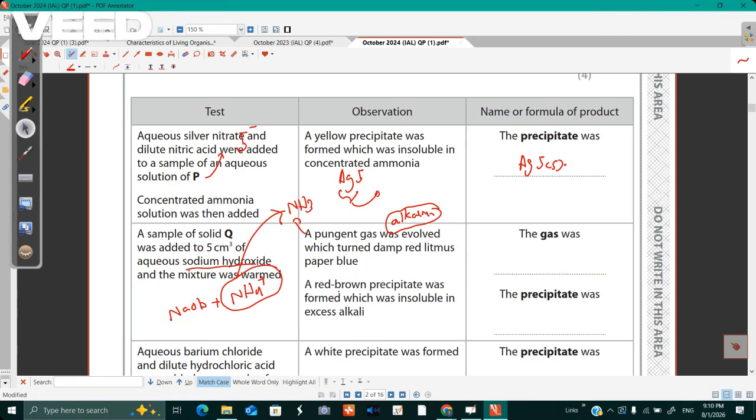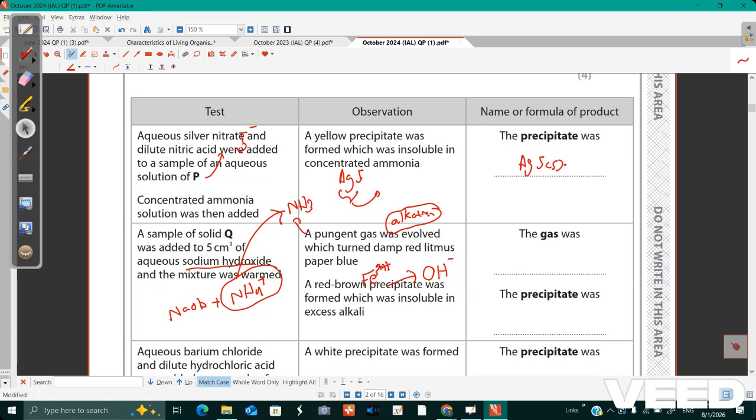A red brown precipitate was formed, which was insoluble in excess alkali, right? So they are adding sodium hydroxide now. There must be a cation forming a brown color precipitate, insoluble in excess alkali. For a brown precipitate, we can assume iron, maybe Fe3 plus.